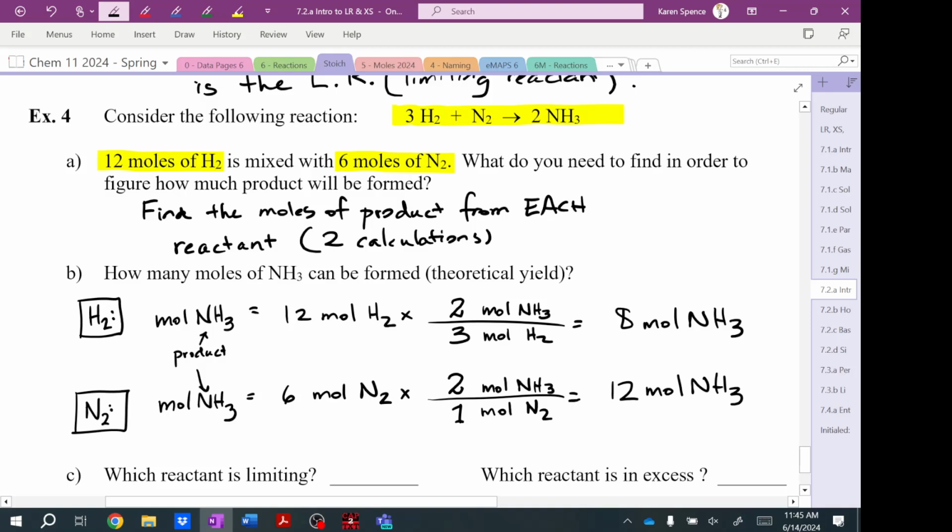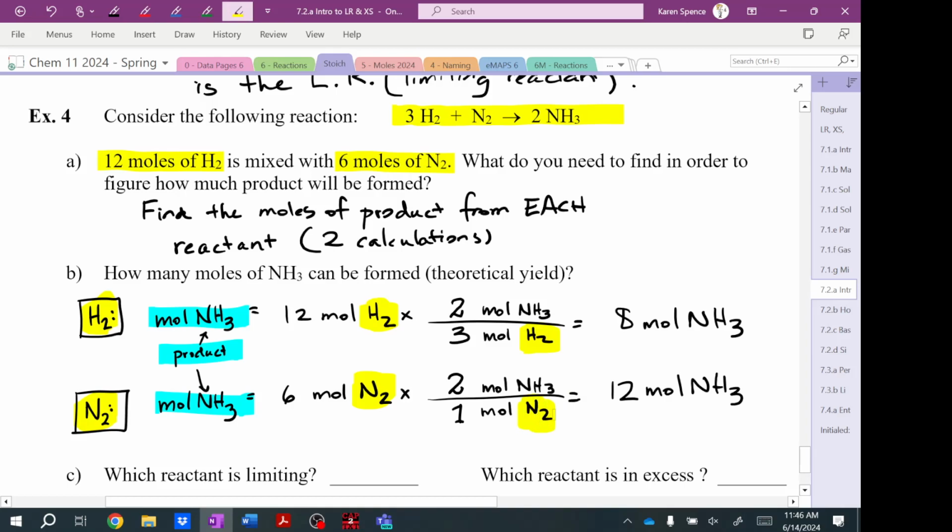So you're doing the 2 calculations in parallel with each other. For one of them, you're starting with H2, and the other you're starting with N2. All right, but for both of them, you are trying to find the moles of NH3, which is the product. All right, and so you cancel your moles of H2.